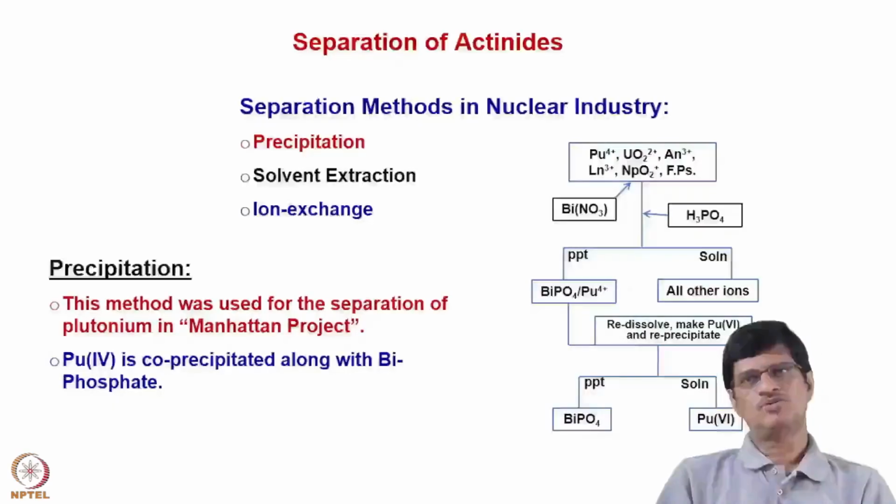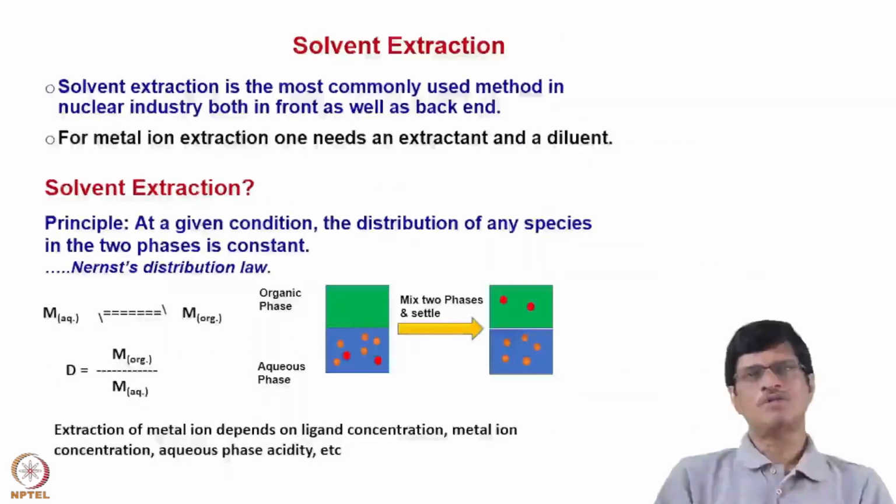The solution goes, and all other ions remain in solution, while plutonium 4+ is precipitated. This precipitate can be filtered and then redissolved to get a clear solution of plutonium 6, and then this can be reprecipitated. That is how the bismuth phosphate precipitate of plutonium 4 is done, and plutonium 6 goes into the solution.